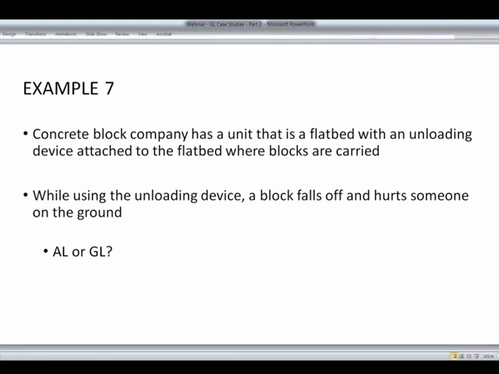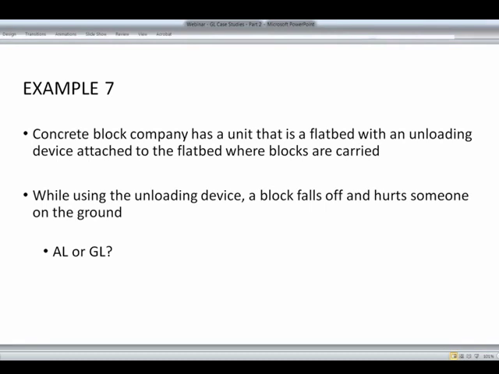We have a concrete box company. They have a unit that is a flatbed with a loading and unloading device attached to the flatbed when the blocks are carried. In other words, it's one unit. You have the crane, or the lifting device, attached to the flatbed, truck bed, straight truck, and they have blocks. Your insured gets to the job site.